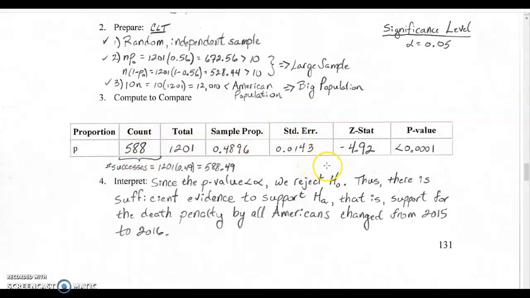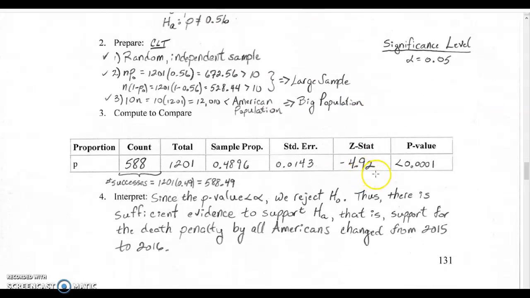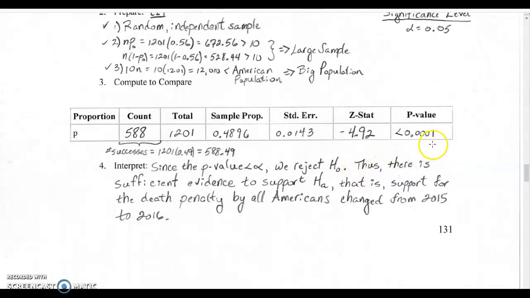Standard error of 0.0143, which gave a z-score of minus 4.92. Again, very far from what we assumed to be the middle of our normal distribution, which is 0.56. So that test statistic is very unlikely to get if 0.56 were really the middle of our normal distribution, giving a p-value of less than 0.001 in both tails.